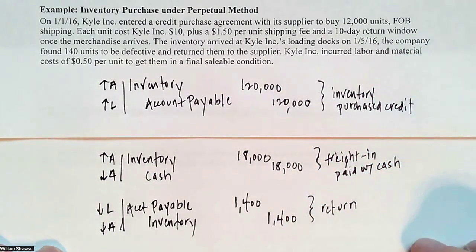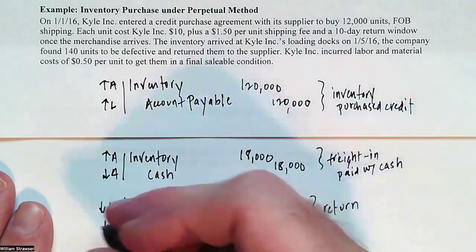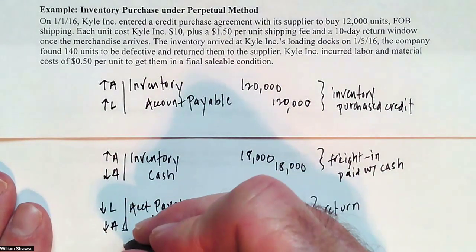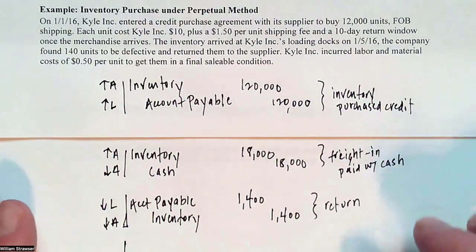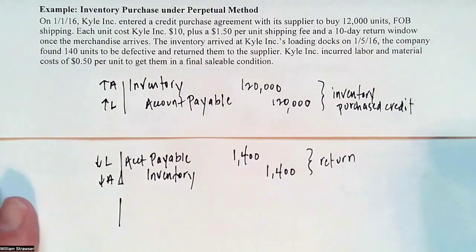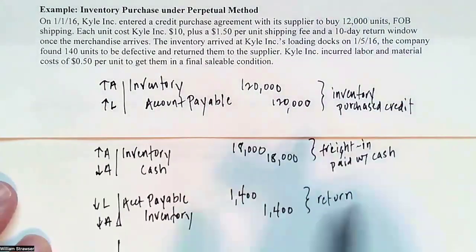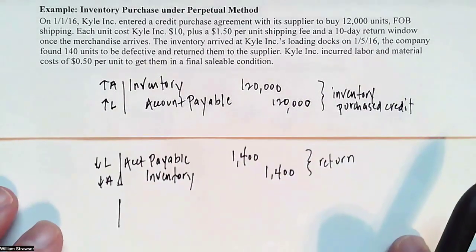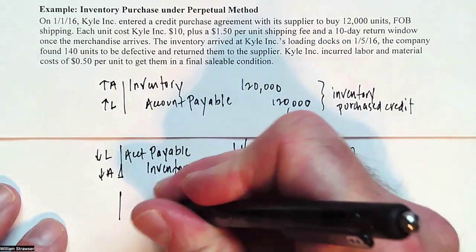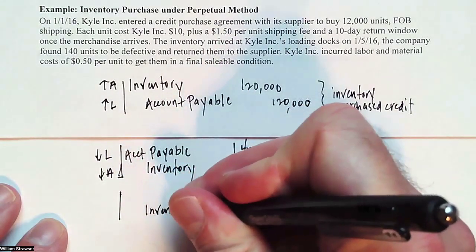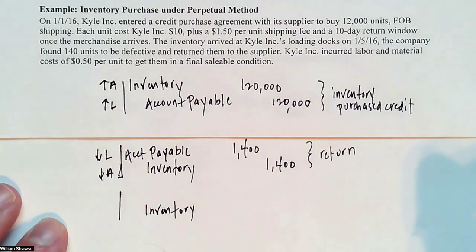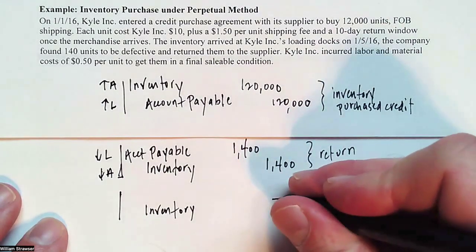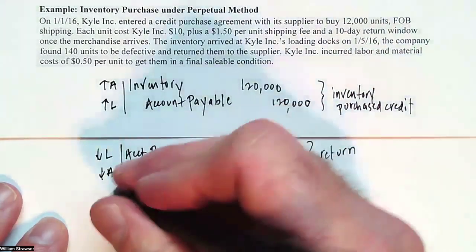If freight is reimbursed, which is something that I always assume in these problems, then we have another entry like this, because we recorded the freight as a debit to inventory and a credit to cash. If I'm being reimbursed freight, that freight comes out of the inventory account with a credit, 50 cents per unit, so that's $70.